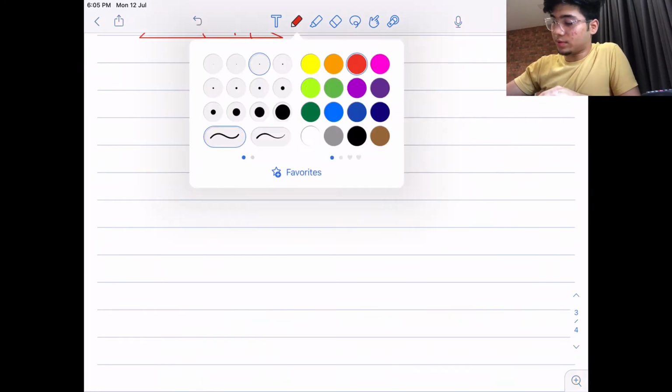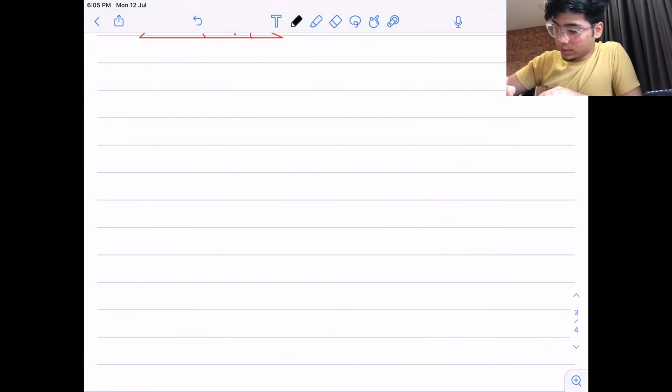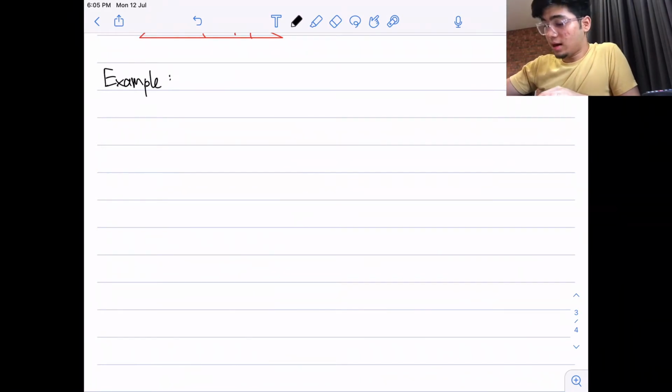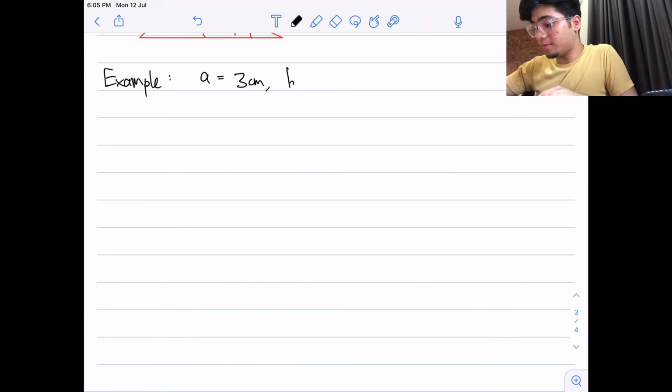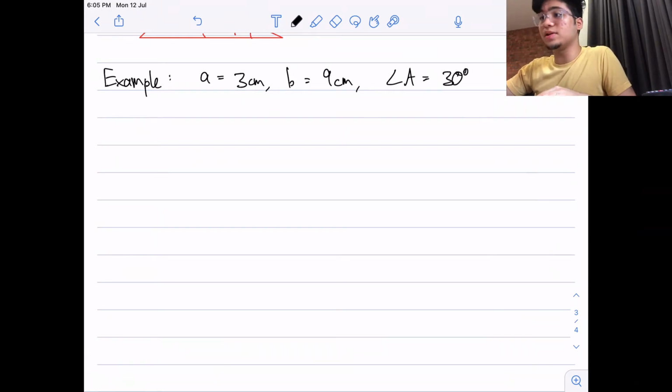So, example time. Let's say you've been given that side A equals 3 centimeters, side B equals 9 centimeters, and angle A is equal to 30 degrees.